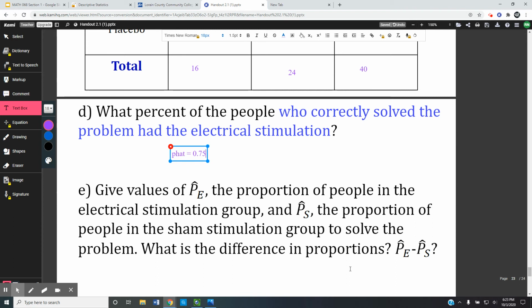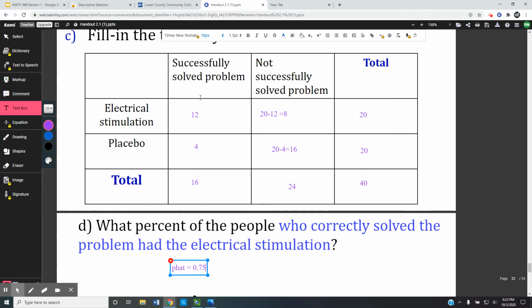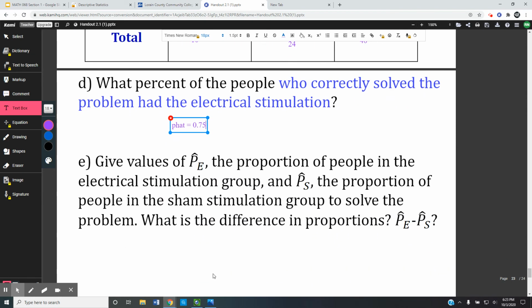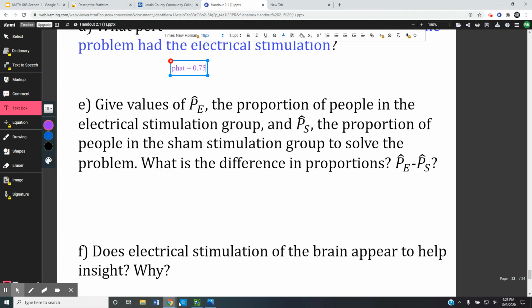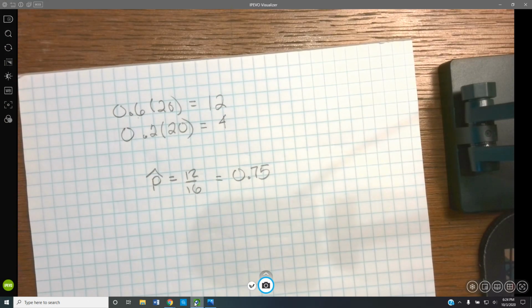All right, well, now it's talking about P of E, the proportion of people in the electrical stimulation group. So the number of people in the electrical stimulation group was 12 out of 20. The number in the placebo group was 4 out of 20. So we're going to want to make a calculation here in order to see that.